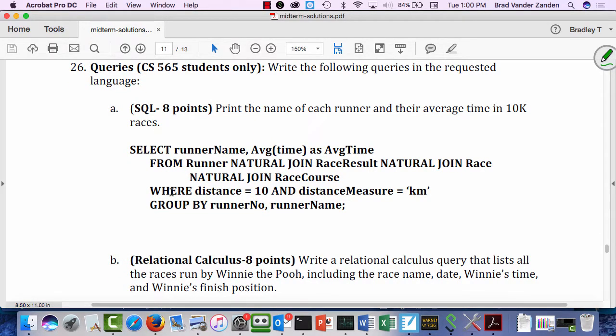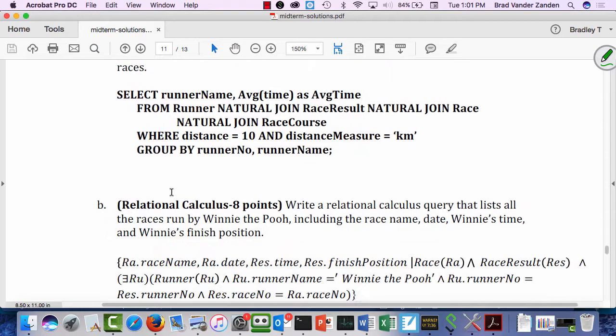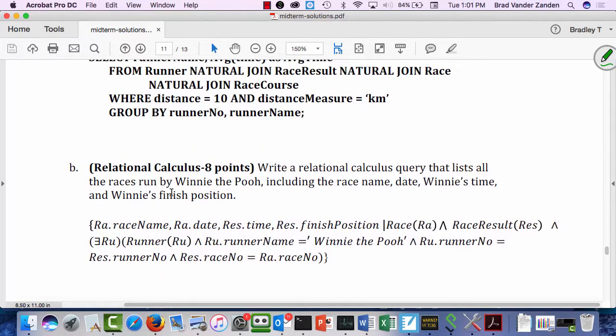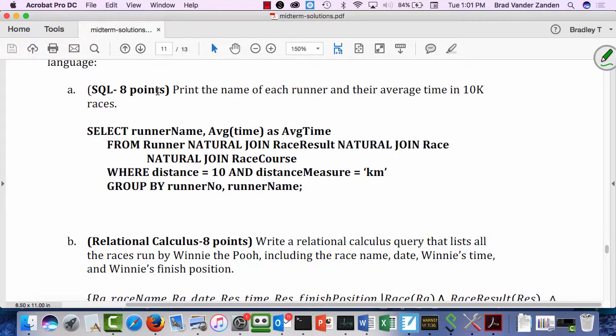I know, so undergraduate students, for a moment you can tune out, although it wouldn't hurt to listen to what I have to say. Most everyone got the first problem with printing the name of each runner and their average time. Most of you grouped by runner name, which was fine. I didn't tell you runner name was unique, but I didn't think it was something I wanted to quibble over.